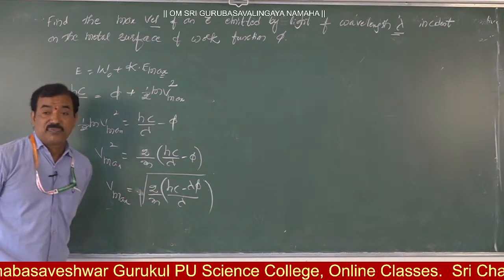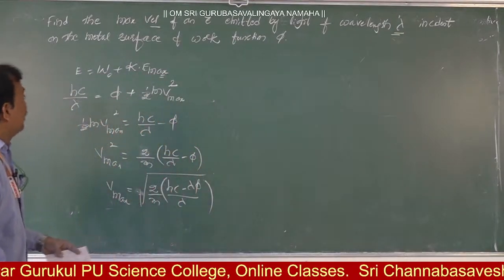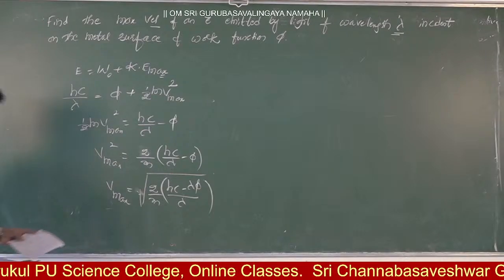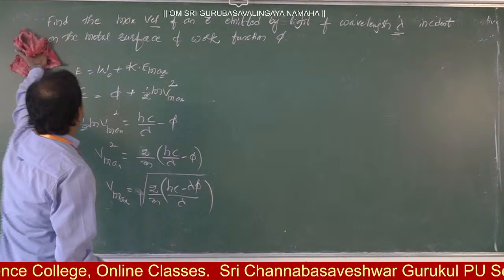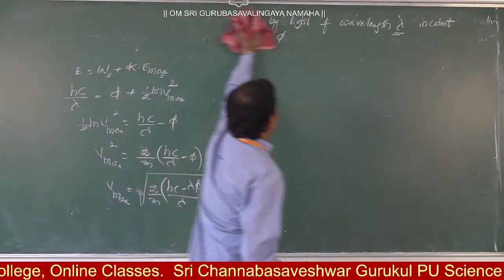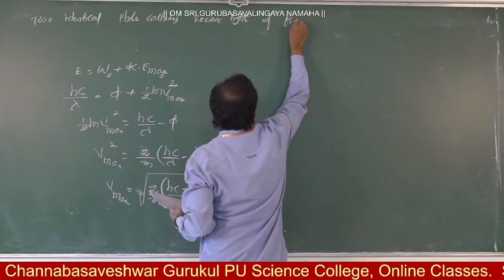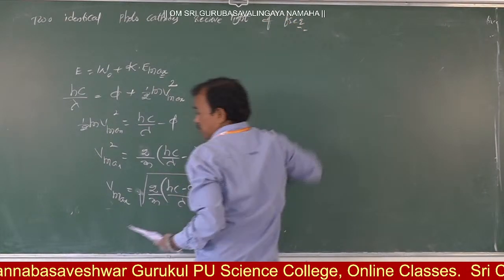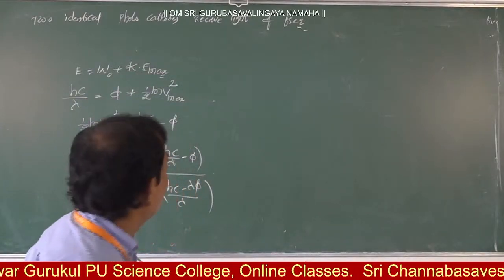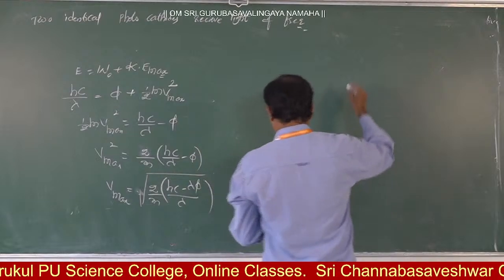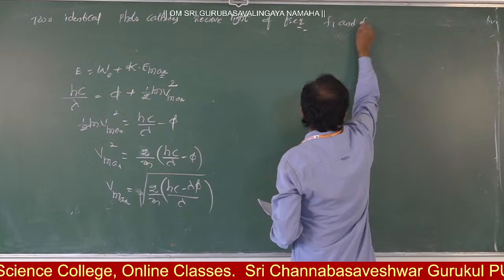Next sum. Next one. Note: two identical photocathodes receive light of frequencies F1 and F2.